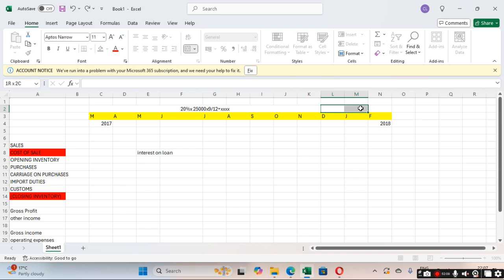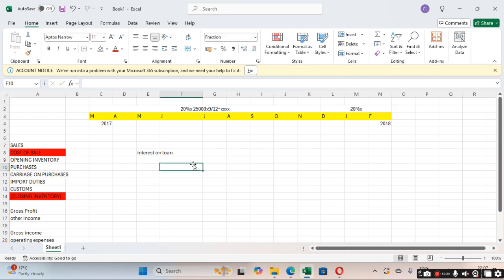And now we need to calculate interest on loan for the remaining months. The way we're going to do that, same thing. We're going to say 20% multiplied by, now we're no longer multiplying by 25,000, because we paid what? We paid the 3,125 already.